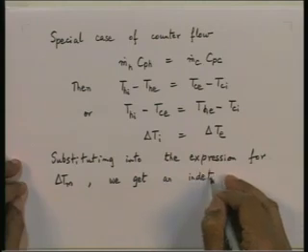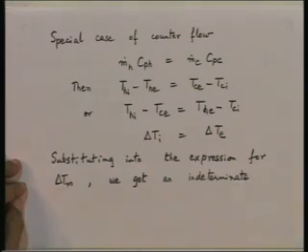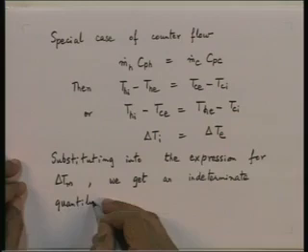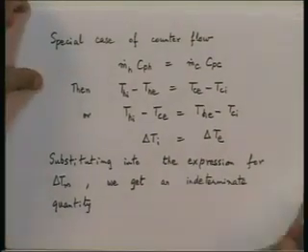You will get 0 upon 0. We get an indeterminate quantity, 0 upon 0. So, what do we do if you have a situation like this?